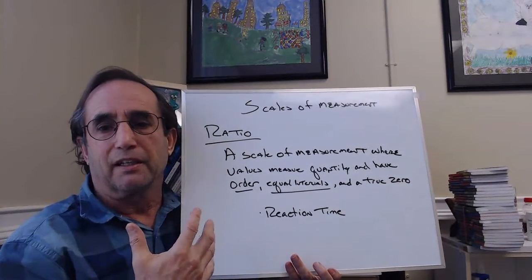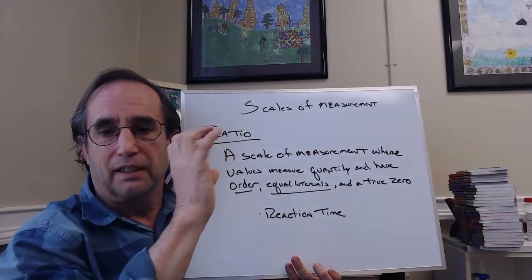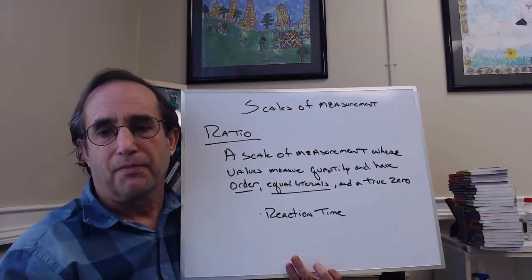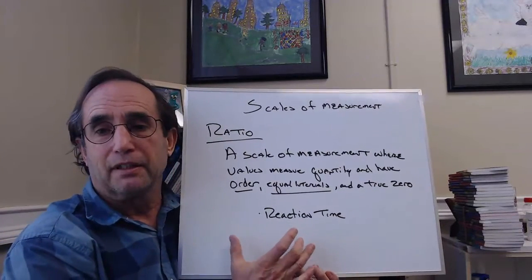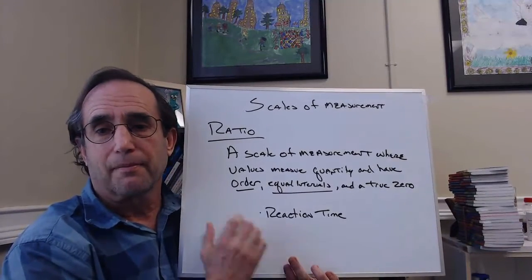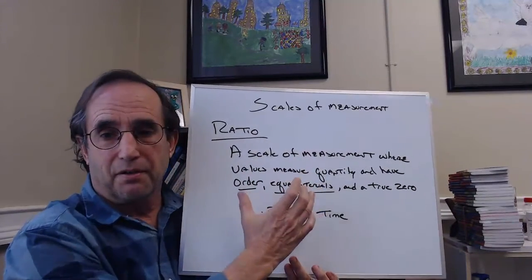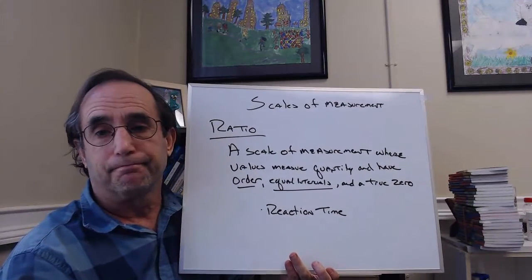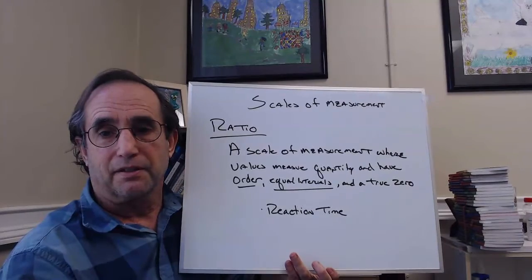We could have you looking at a computer screen, and if you see a little dot of light, how fast you push a button on your laptop. Reaction time is a very common method in psychological research. Ratio scales are the most accurate of all the scales, and that's it. These are the scales of measurement.